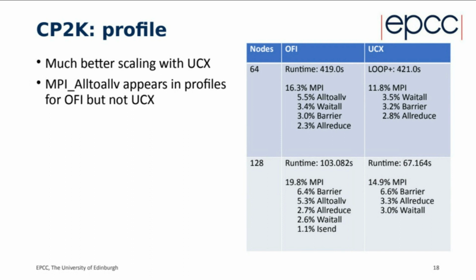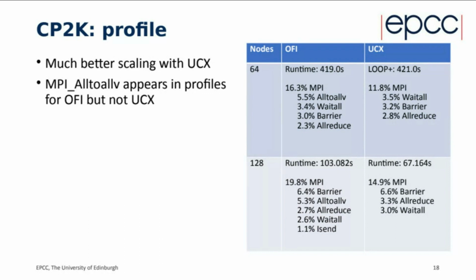So what this means is that there's something in the performance of all 12V for this benchmark, or for these sizes, or for how this code uses all 12V, that's performing much worse using the OFI transport protocol compared to UCX. Now, the CASTEP benchmark was heavily dependent on all 12V, but we didn't see any difference in performance.